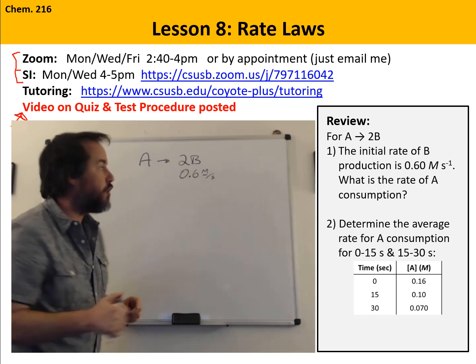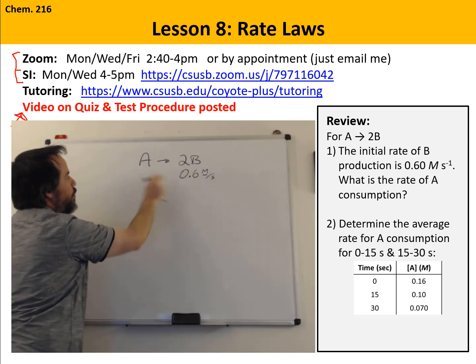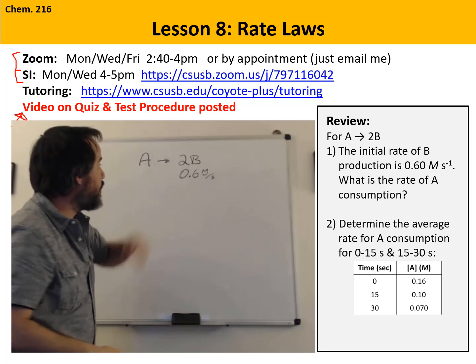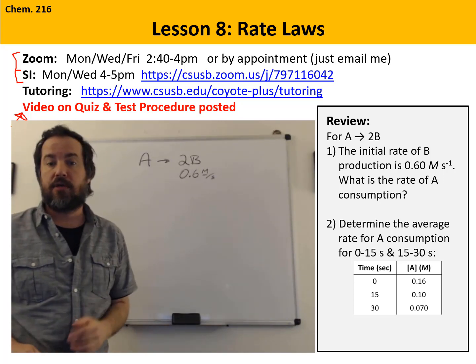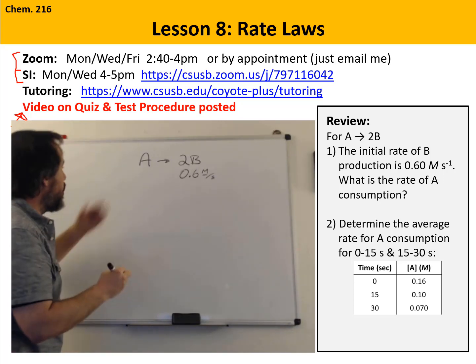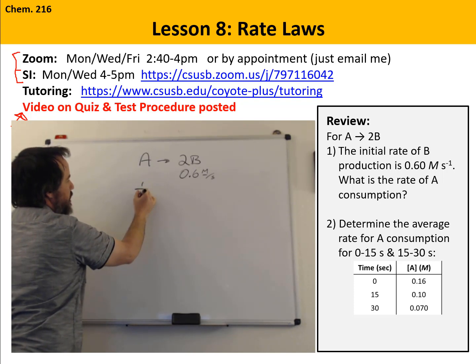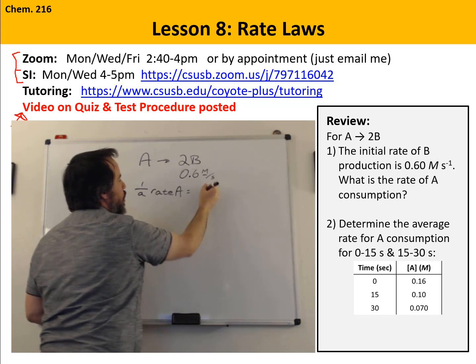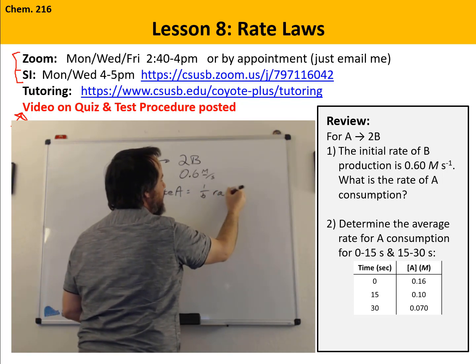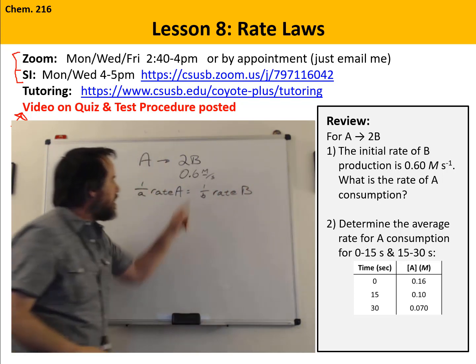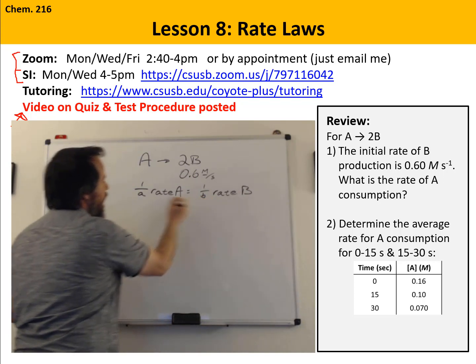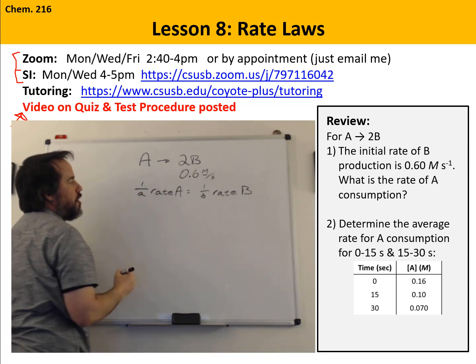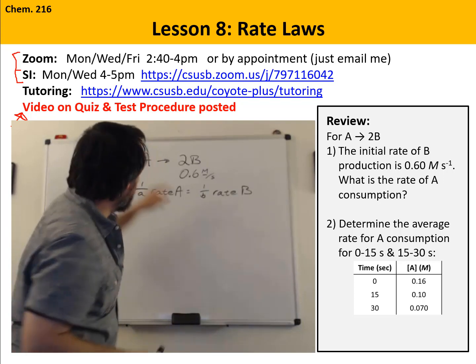What we learned was that we can relate rates for two different compounds based on their stoichiometry. We said that 1 over a times the rate of A equals 1 over b times the rate of B, where small a and small b are those coefficients.